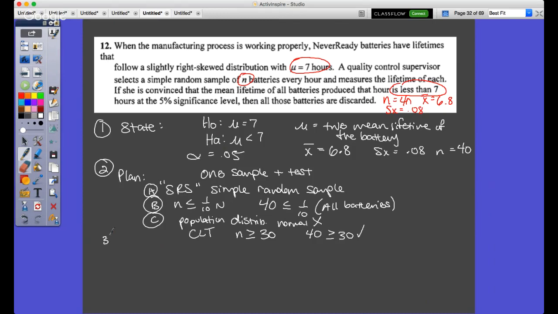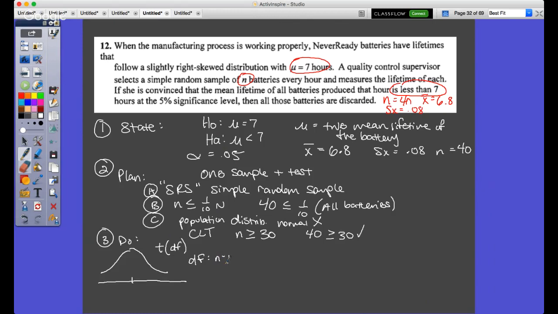All right. Part three is now the do phase. I always start by drawing the picture. This is a t distribution with our degrees of freedom inside the parentheses, which is n minus 1.